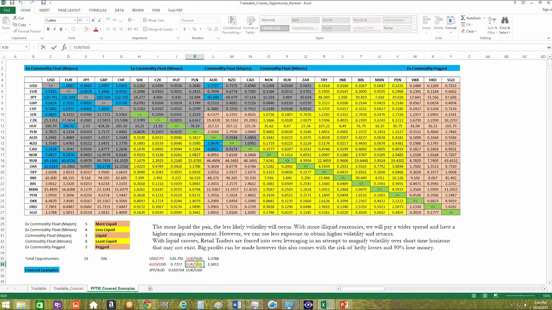Well, the currency that's left out, the Sing dollar, is the denominator in both terms. So we're trying to work out the numerator.